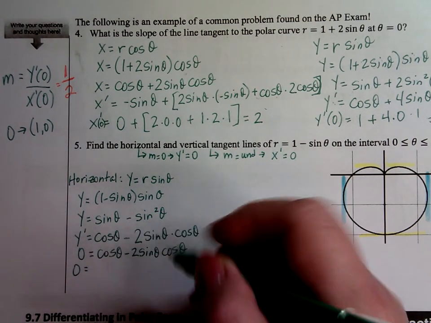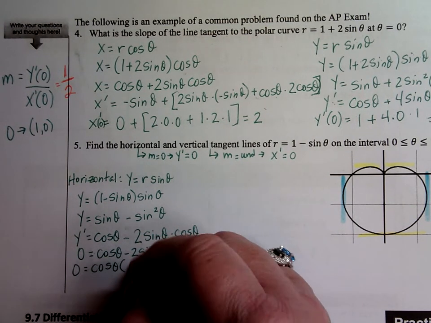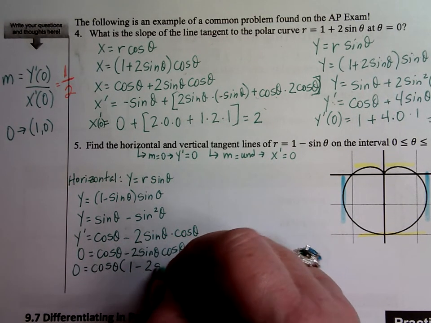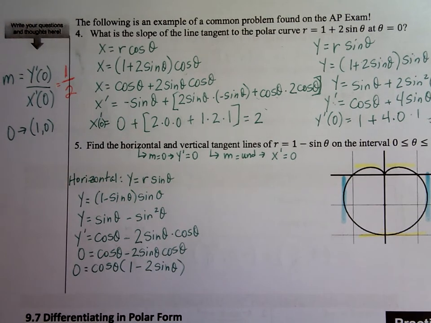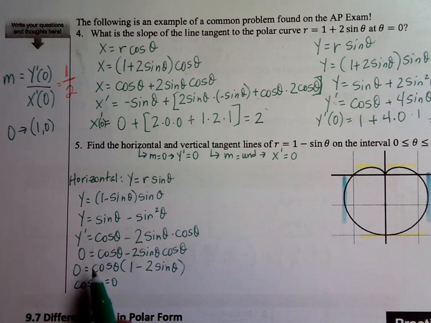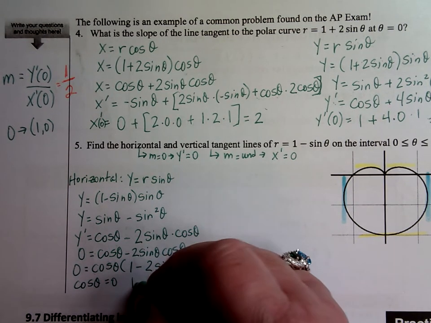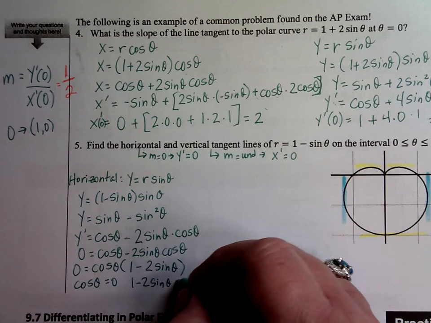If I factor out a cosine, because my two terms both have a cosine, I would have 1 minus 2 sine. And I take both of those pieces and set them equal to 0. So now I have the cosine of theta equals 0 from this factored out part, and 1 minus 2 sine of theta equals 0 on the other part.